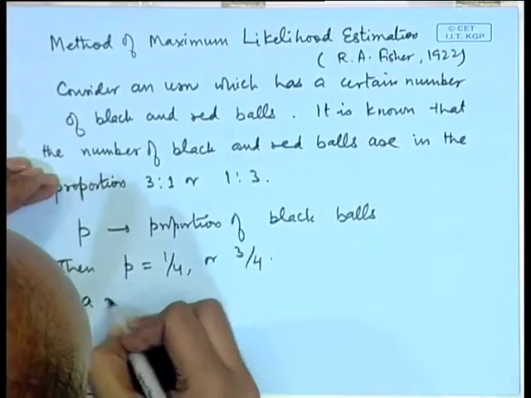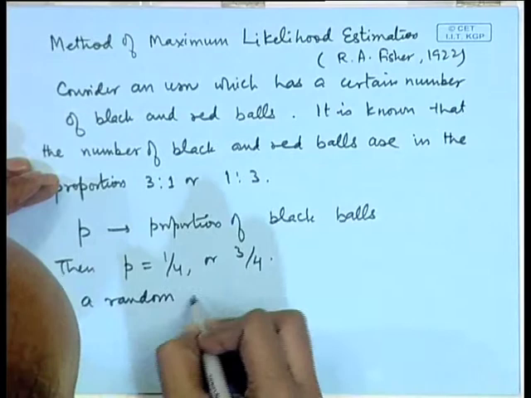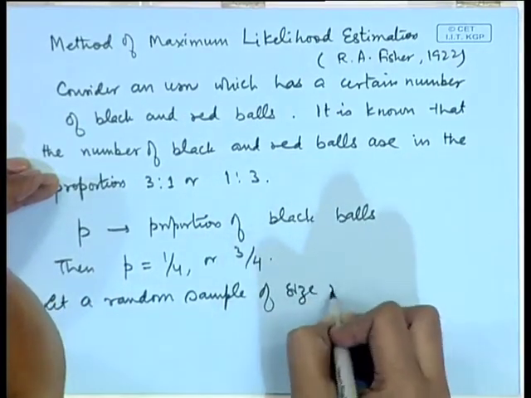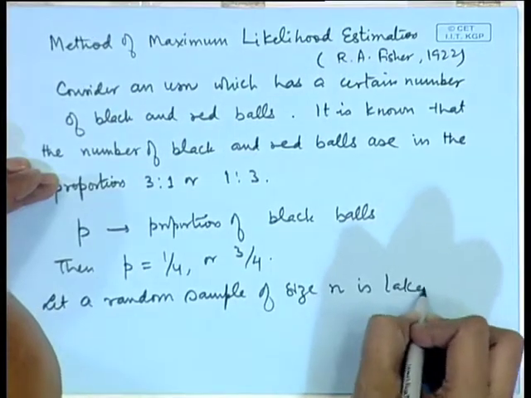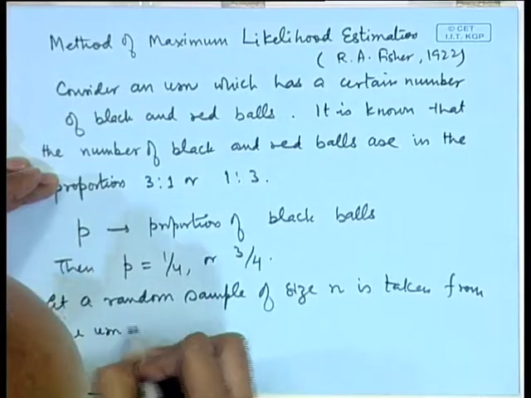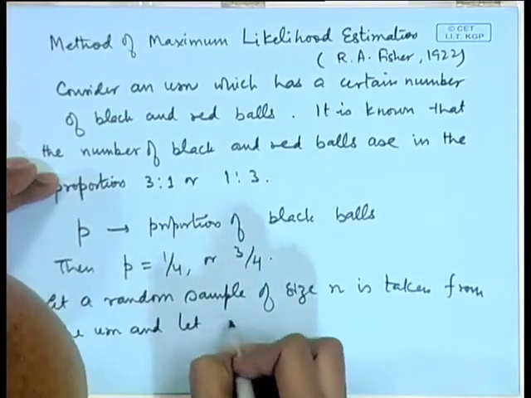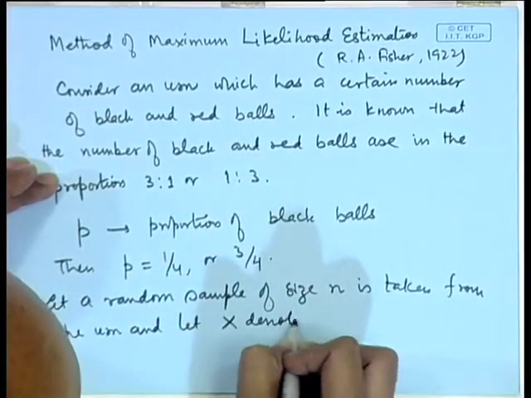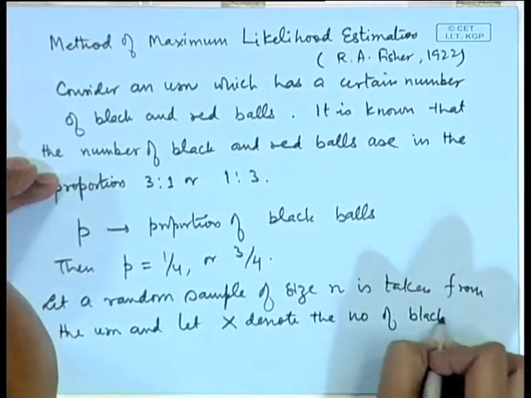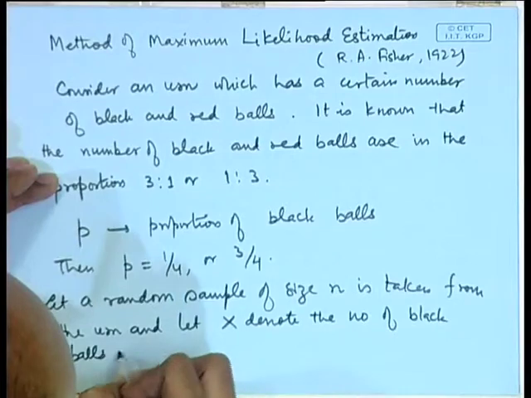What can we do? We can take a random sample from the urn. So, let a random sample of size say n be taken from the urn, and let x denote the number of black balls in the sample.